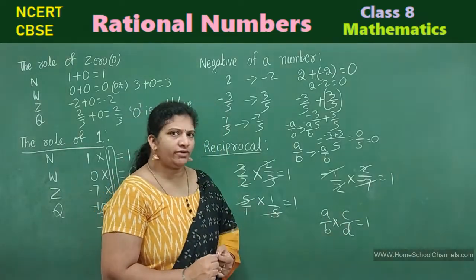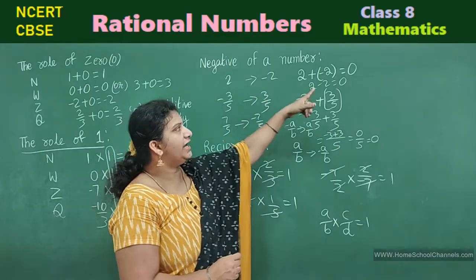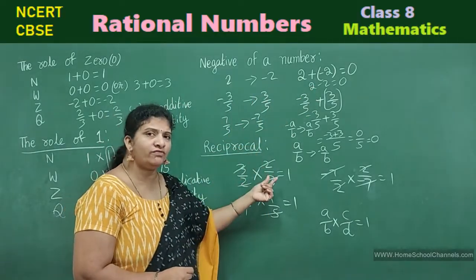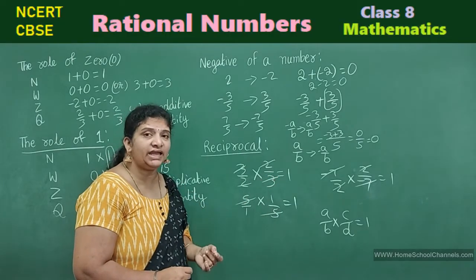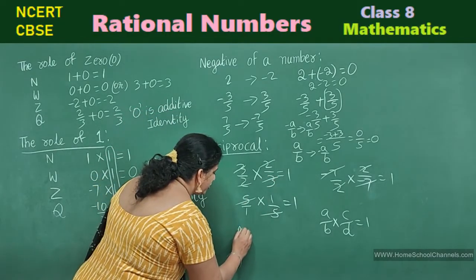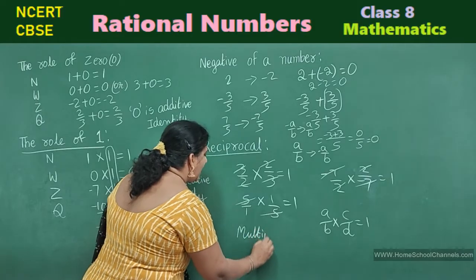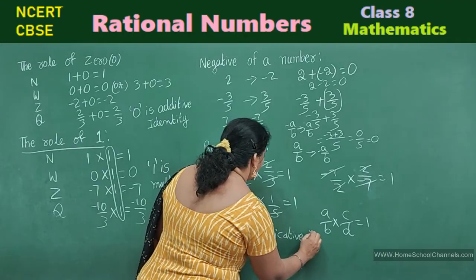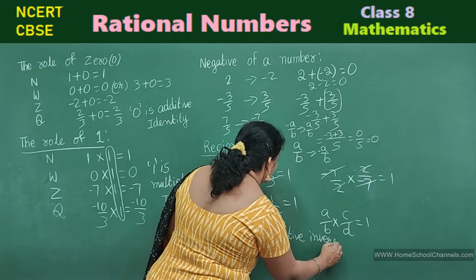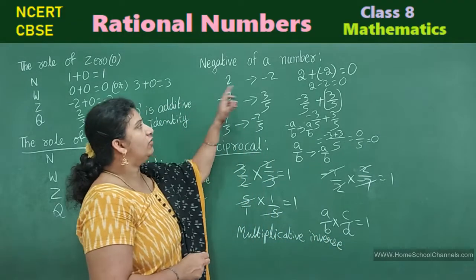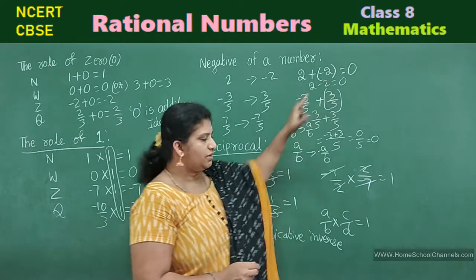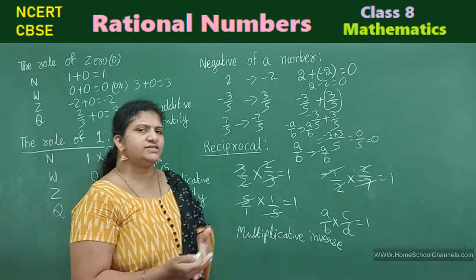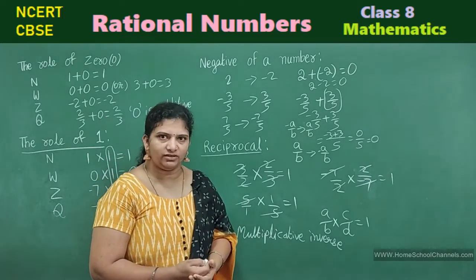So therefore what you can say here is the negative of a number is the additive inverse. And here the reciprocal of a number is the multiplicative inverse. Multiplicative inverse is the reciprocal. With the sign you can do the reciprocal.